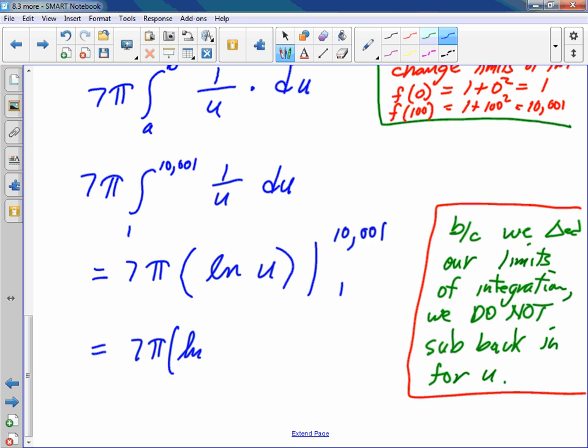Because we can just say 7 pi times the natural log of 10,001. Somebody get that for me. Minus 7 pi times the natural log of 1, which we all know equals, and then give me a number and we're done. Times 7 pi.